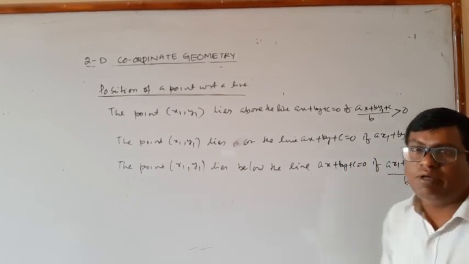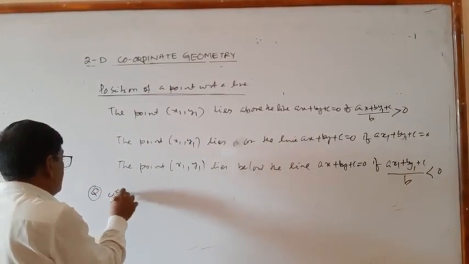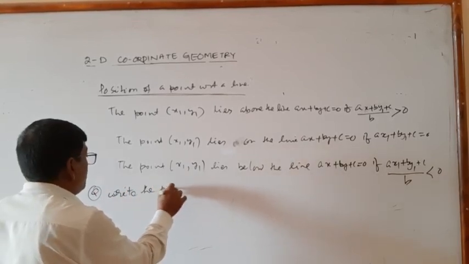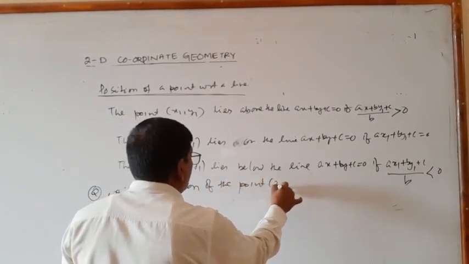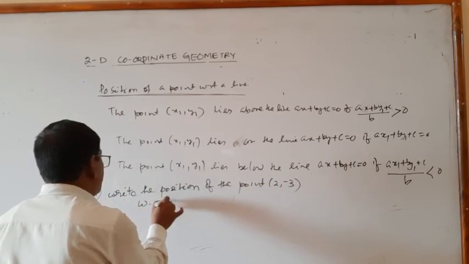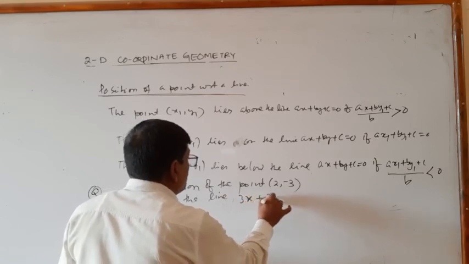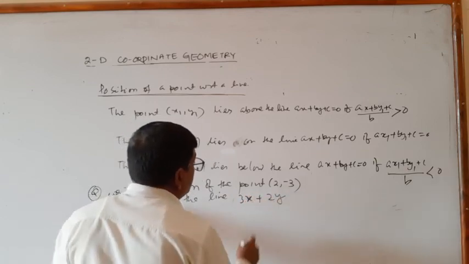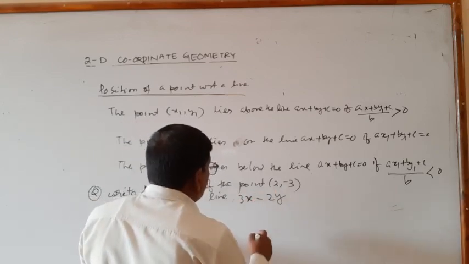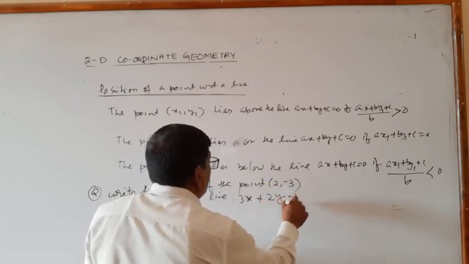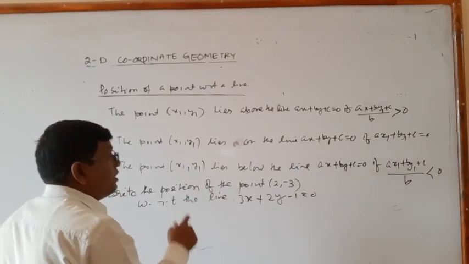Now one question: write the position of the point 2 comma minus 3 with respect to the line 3x plus 2y minus 1 is equal to 0.